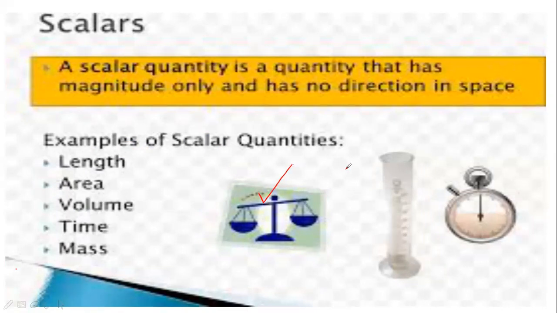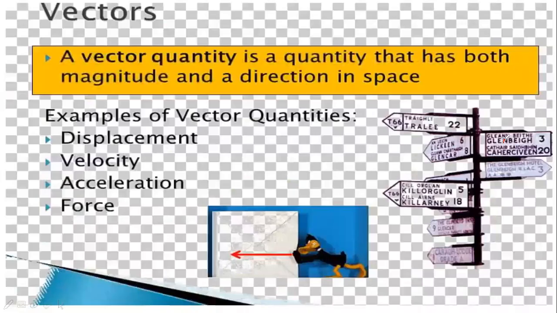And a measuring cylinder is used for volume. It cannot give you the direction. Time, clocks cannot give you the direction. So it's a scalar quantity. These are scalar quantities. So scalar quantities are those quantities which have magnitude but no direction.